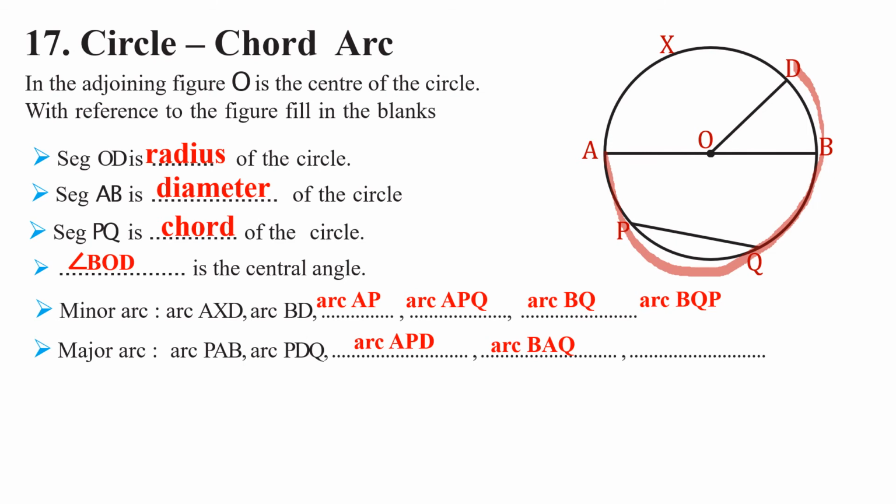Next one, arc B, started at B, A, Q. Arc ADP. ADP means AD.